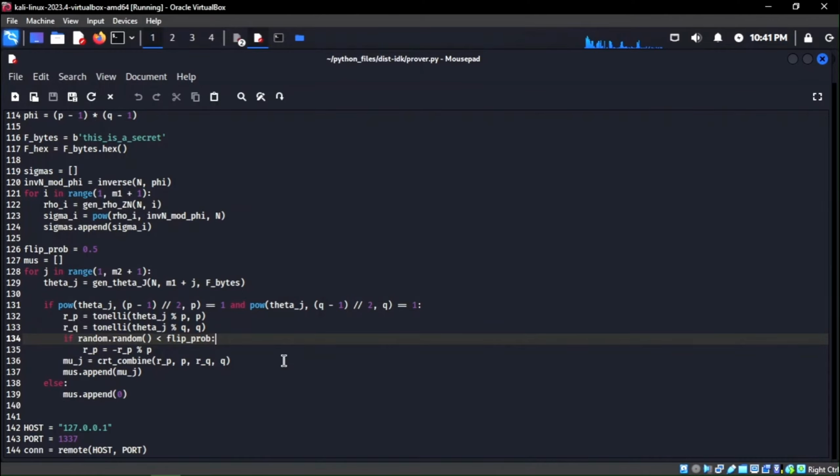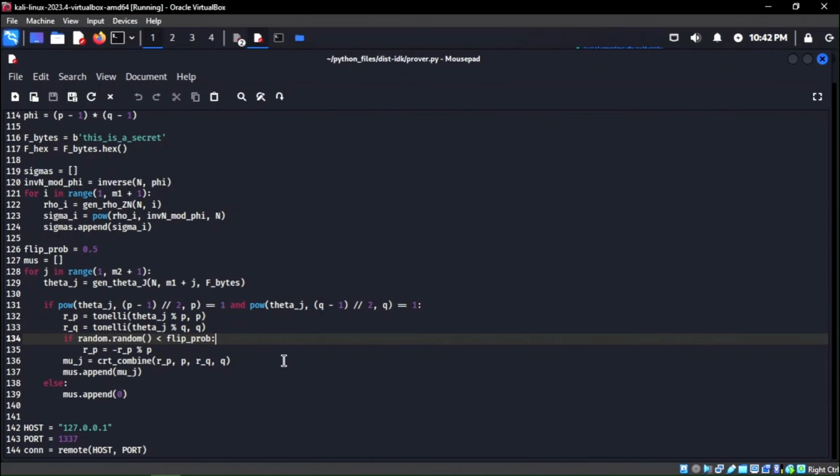Now the important part: the dump files we have must have been created by a prover that knows the actual large P and Q for our challenge N. We can infer that the actual prover used a similar mechanism. It calculated theta j, found the true square roots modulo the real P and Q, and randomly flipped the sign of one of these components, say the P component, with a 50% chance, before combining them to make the final mu.